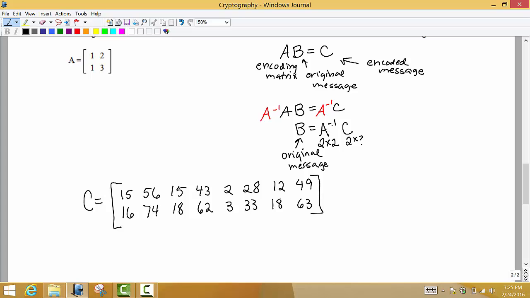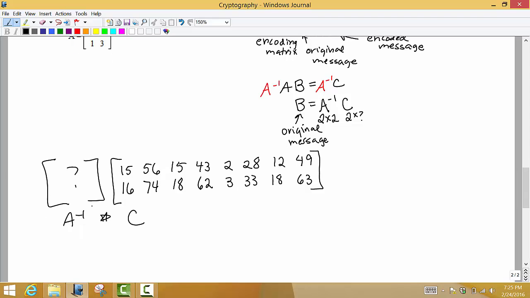So do A and then hit that little button with the little -1 at the top right. And we're going to multiply that by our matrix C. So we're going to do matrix A inverse on the left. I'll go ahead and write that out for us. So this should be our matrix A inverse. We're going to type that in our calculator, and then multiply that times matrix C.